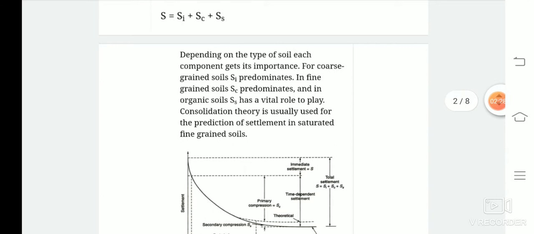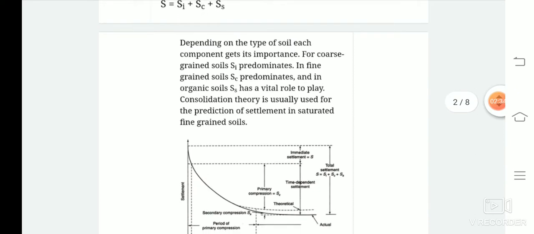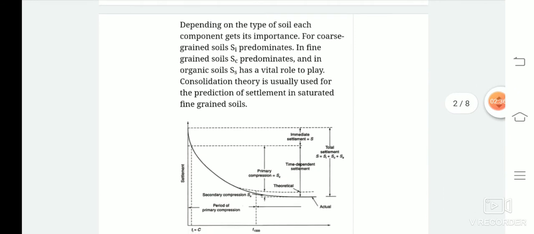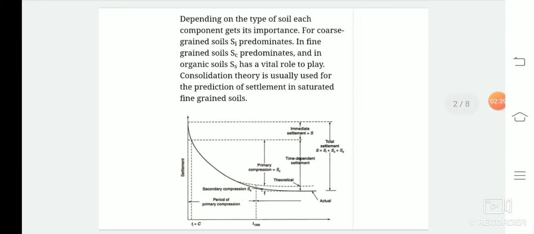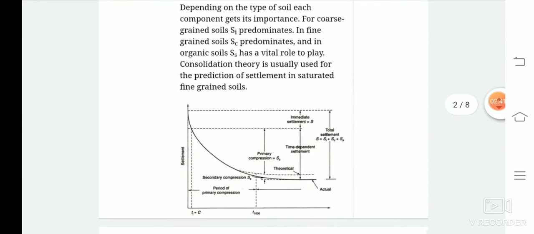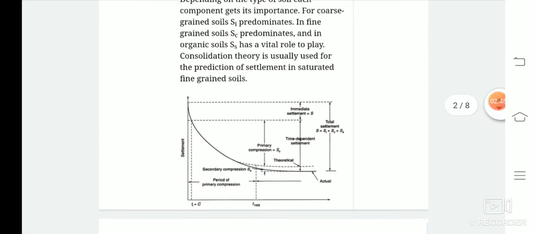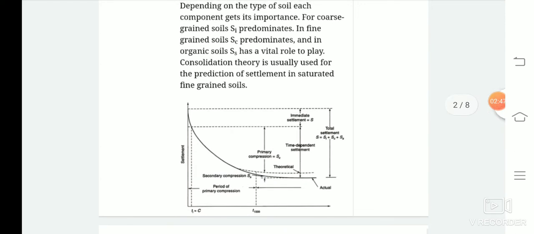Each component of the settlement mainly gets its importance from the type of soil. As I have discussed, immediate settlement normally depends on coarse grain soil. Hence, SI predominates for coarse grain soil. In fine grain soil such as clay and silt, as we have already discussed, they have water retentive property.